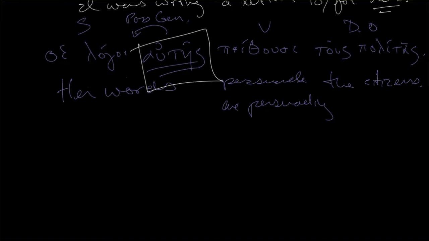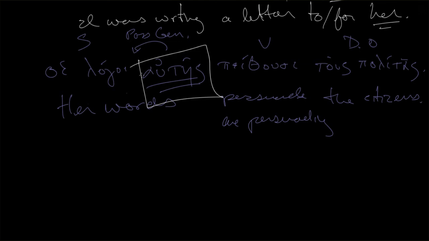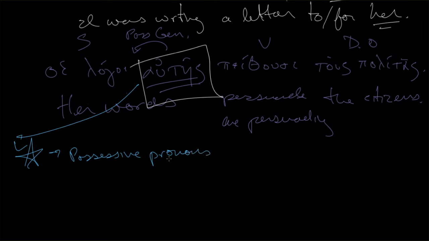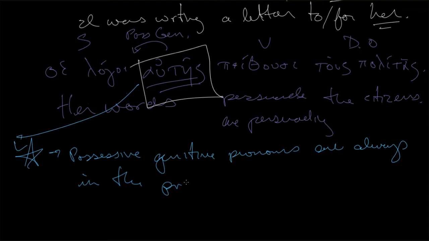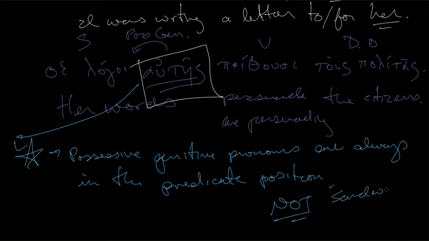So let's pause for a second and think back over what's gone on. Here we have this possessive, and one thing that I should note, this is kind of a sideline, is that possessive genitive pronouns are always in the predicate position, as we have right here, and not, importantly, sandwiched.